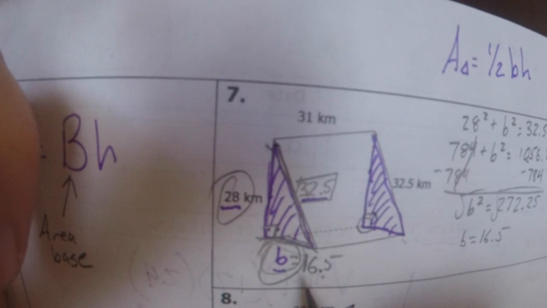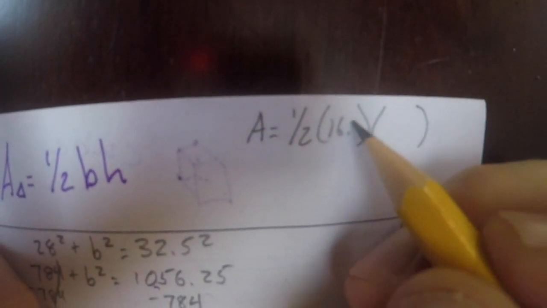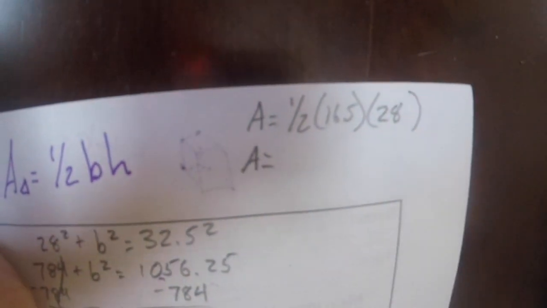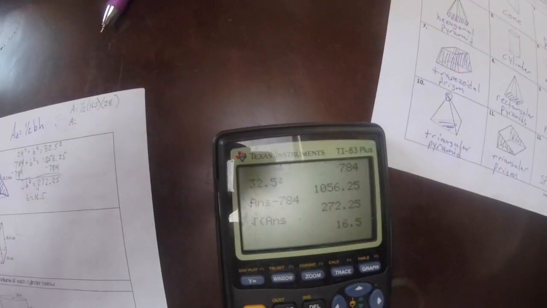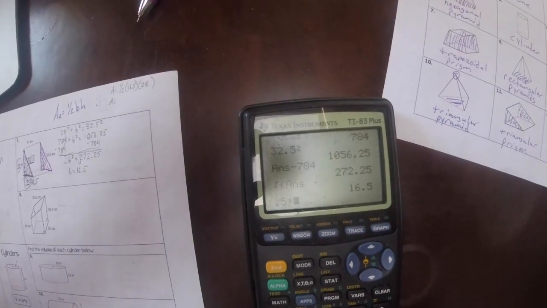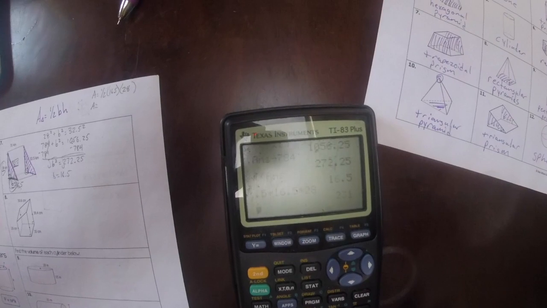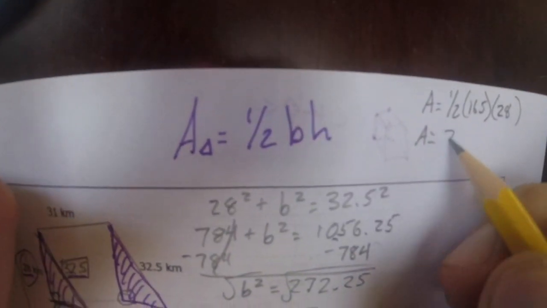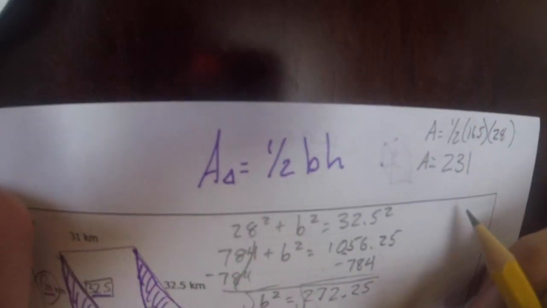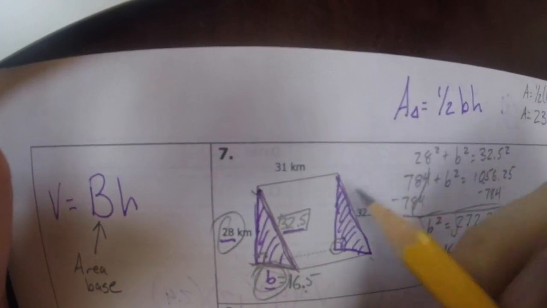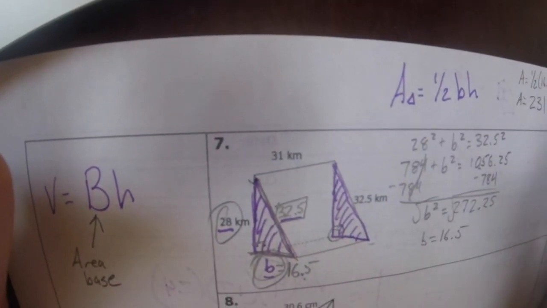Base is 16.5, height is 28. So the area of the bases is 0.5 times 16.5 times 28, and I get 231. So 231 is the area of this triangle, and it's the area of this triangle also.